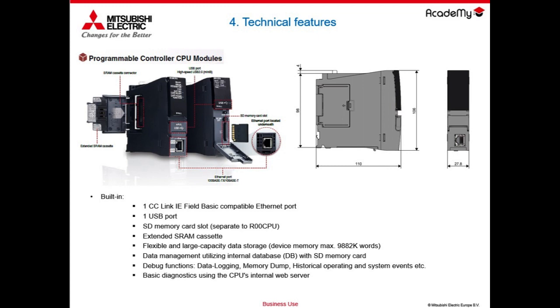In addition, we have talked about the USB port, the RJ45 port, and the memory card slot. On the left side, starting from the R04 CPU, there is an additional port in which a memory can be housed, an extended SRAM, an optional one.